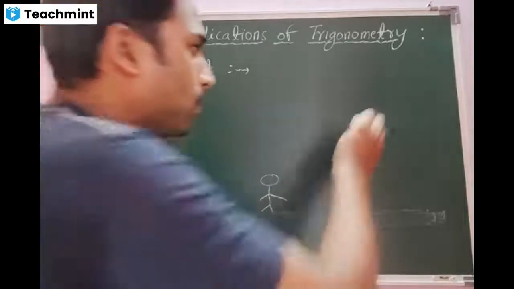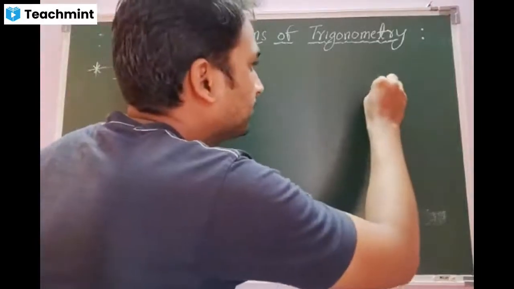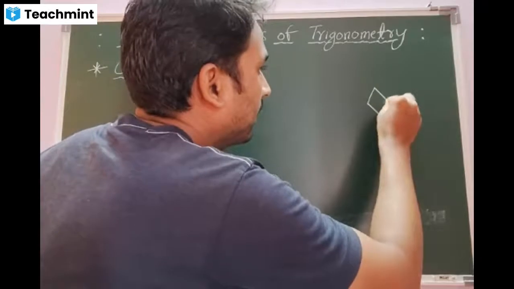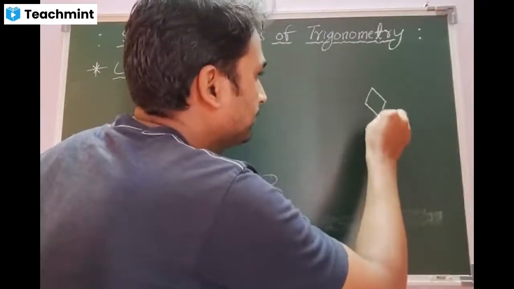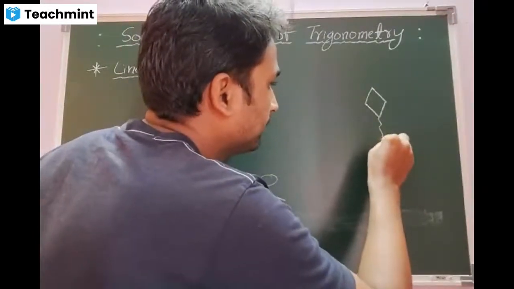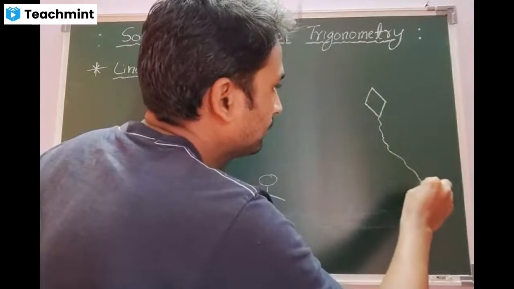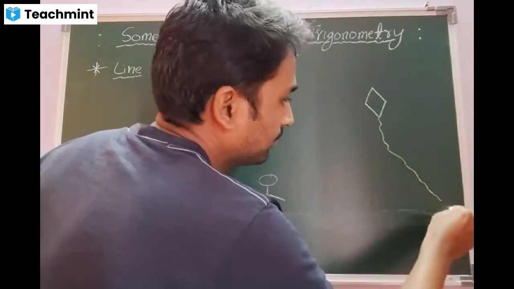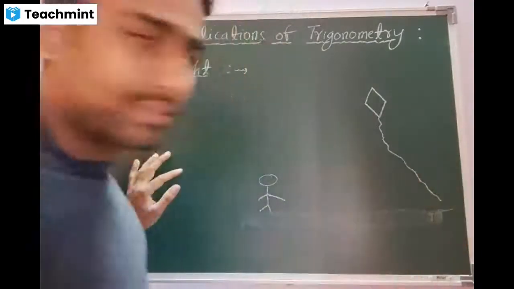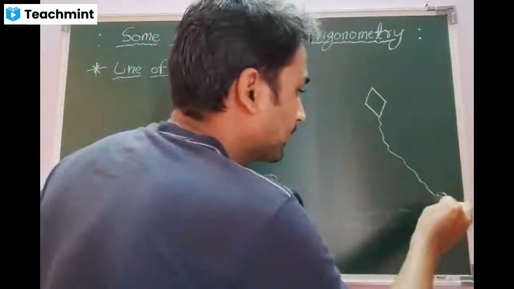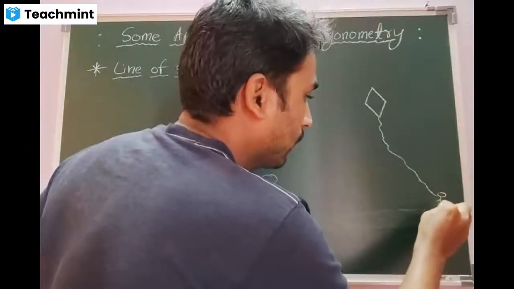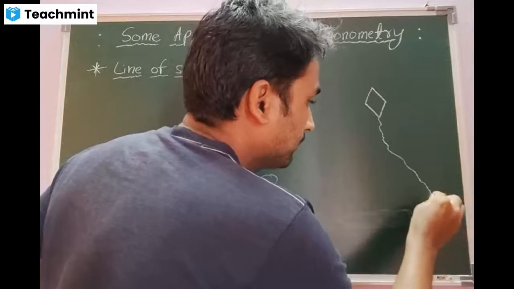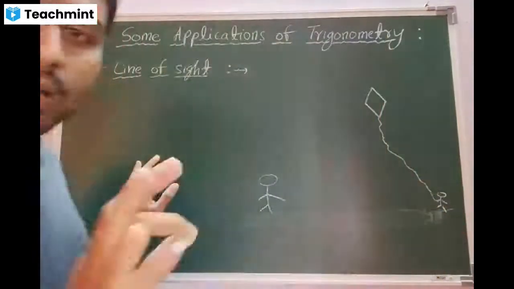Suppose there is a kite, a particular kite flying, held by some other boy or girl. Just a boy or a girl is holding it and the kite is flying. Understanding my point?